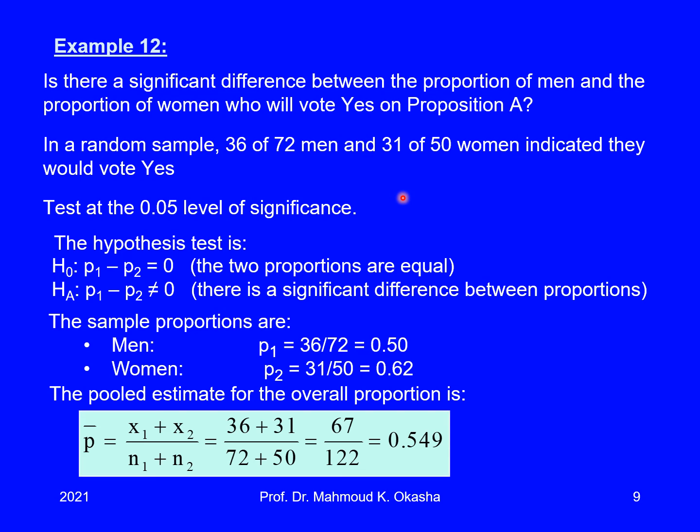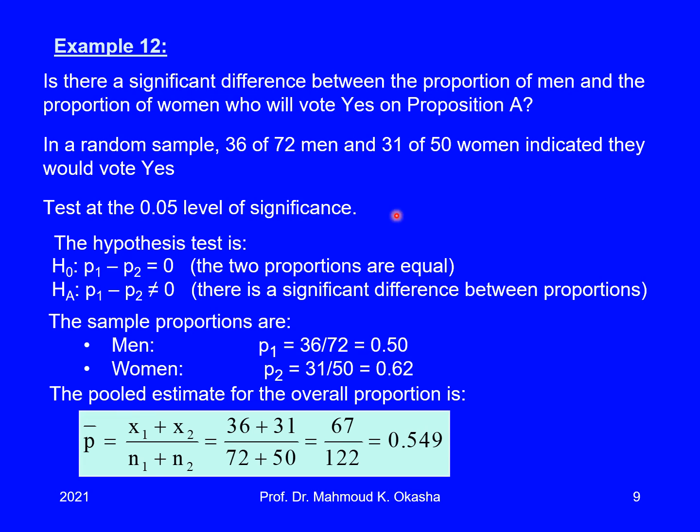That's based on a random sample. In this random sample, 36 of 72 men and 31 of 50 women indicated they would vote yes. These are the two proportions for men and women.